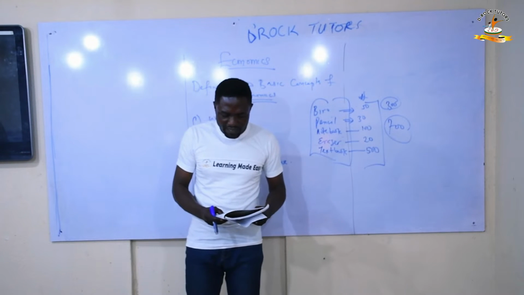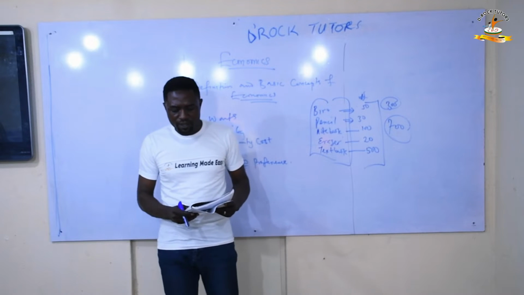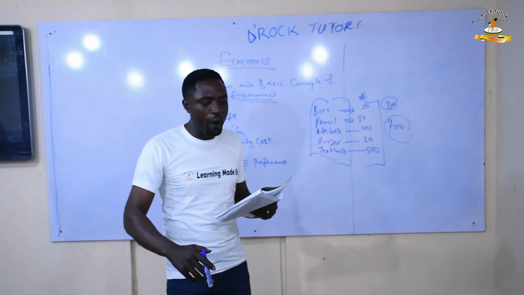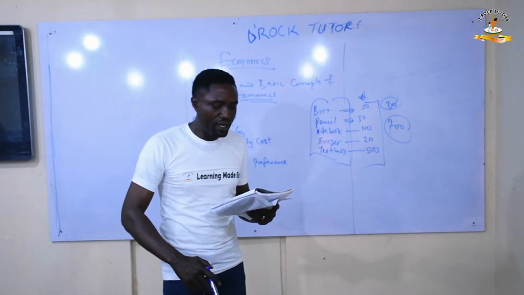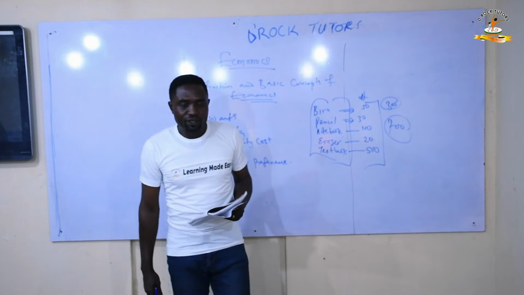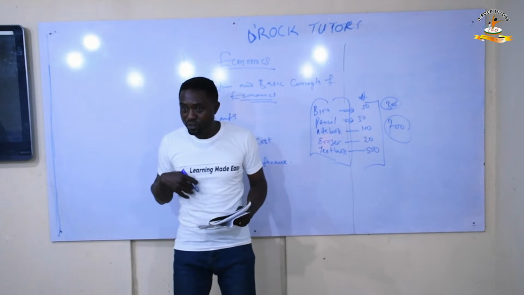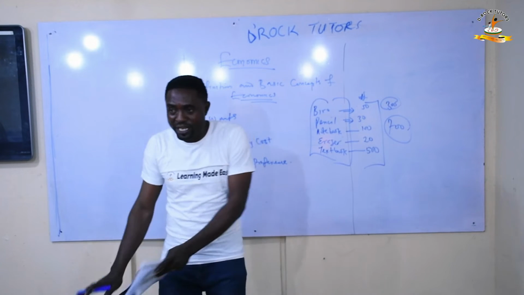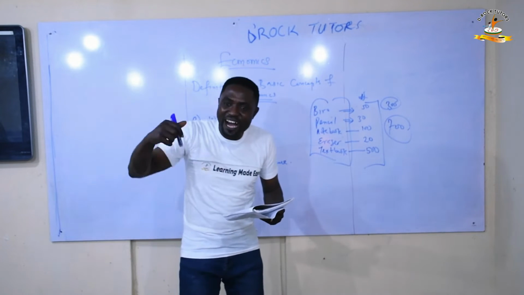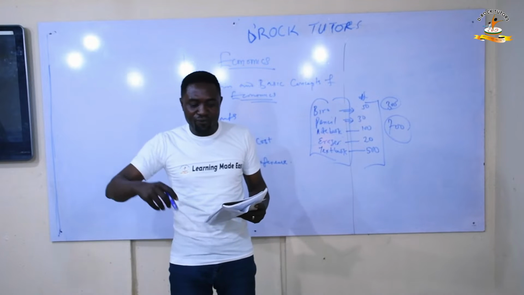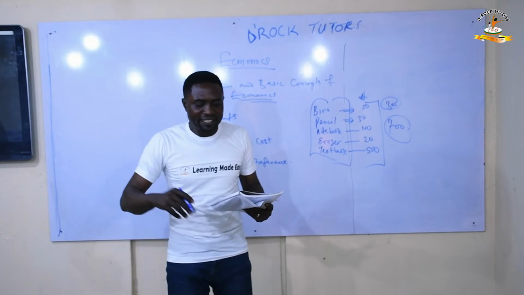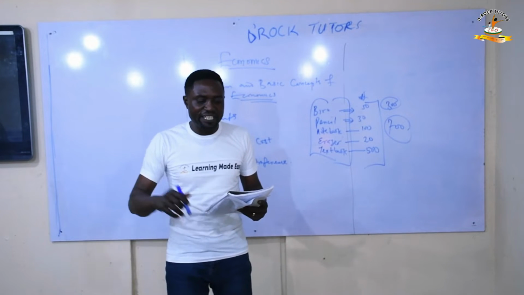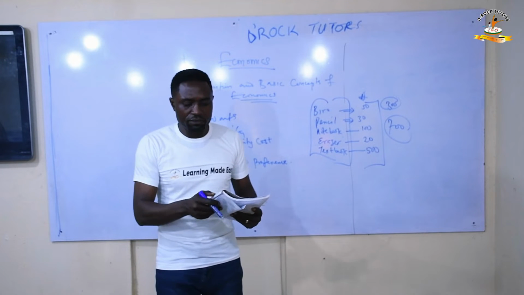Then, number 6. If you do not have to give up anything in order to get a particular thing, normally because of limited resources you can decide to forgo a particular thing to get another. But if you do not have to give up anything, then its opportunity cost is A, 0.